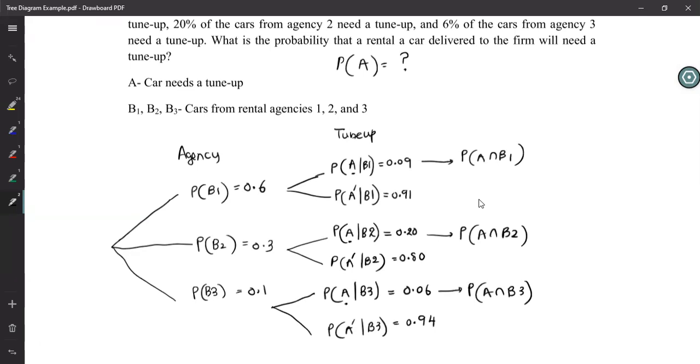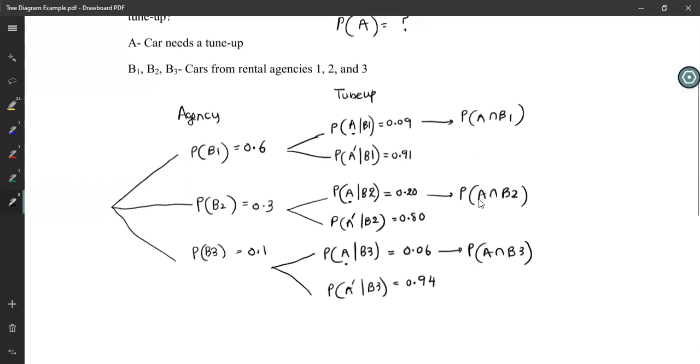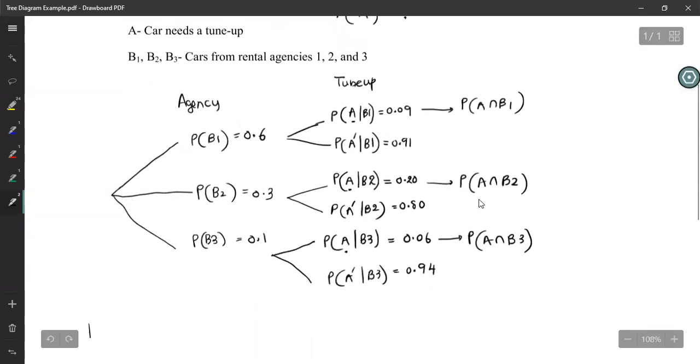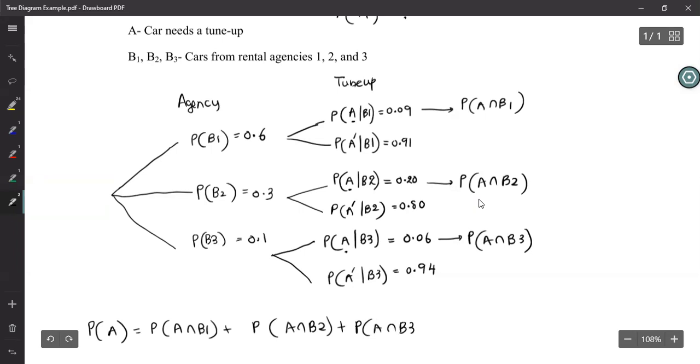So you have to select all 3 probabilities and add them together. Now let's find these 3 probabilities. It is easy because you have the tree diagram. A intersection B1 plus A intersection B2 plus A intersection B3.